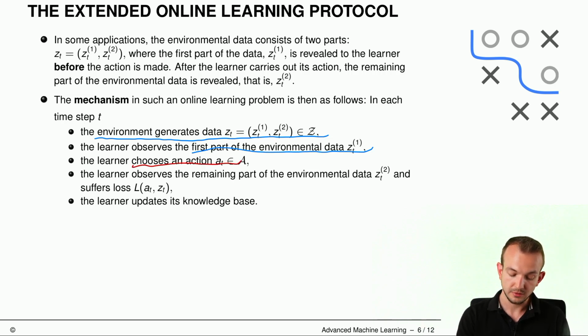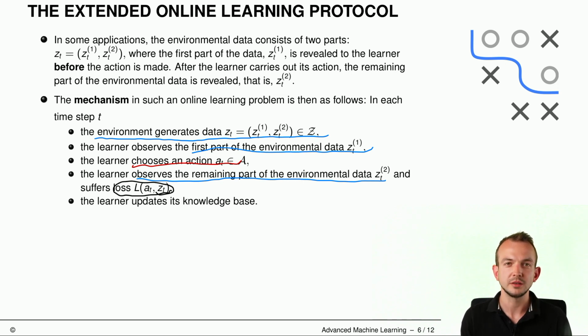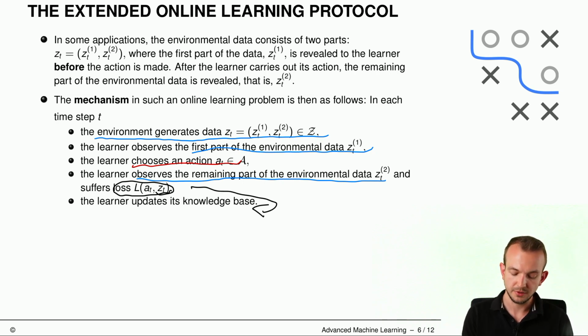After performing the action, the remaining part of the environmental data is revealed as well, so that the loss can be computed in order to figure out whether the taken action was indeed a good choice or not, which will lead to an update.